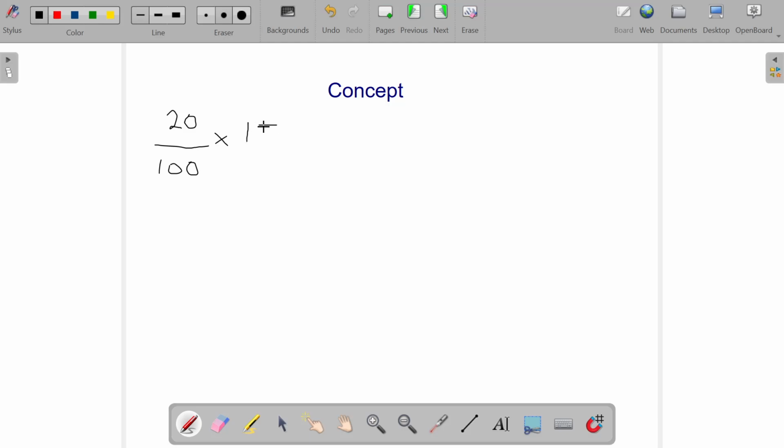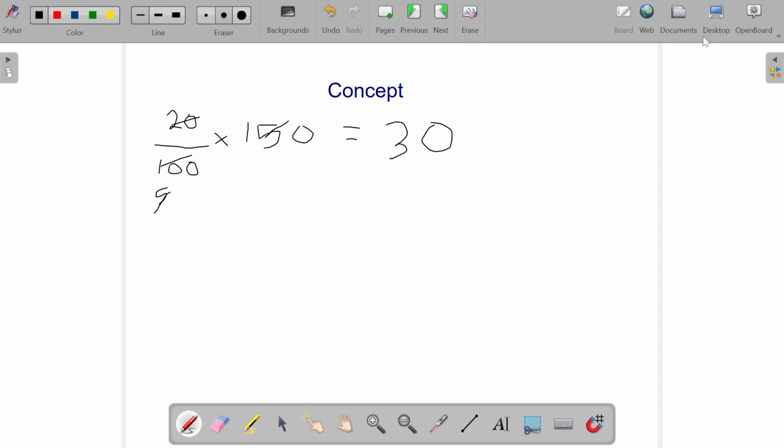So 20% is what? 20 is out of 100. So that is 20 by 100. And 20% of 150 is 20 by 100 into 150. So 20 and 100 gets cancelled. We are left with 5. And 150 divided by 5 is how much? Nothing but 30. So 20% of 150 is how much? 30. So it's a very easy question.